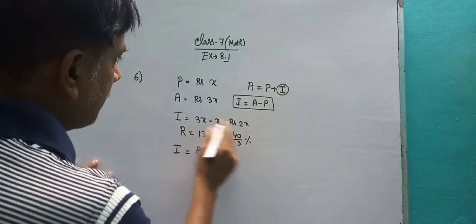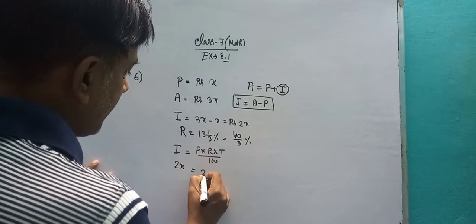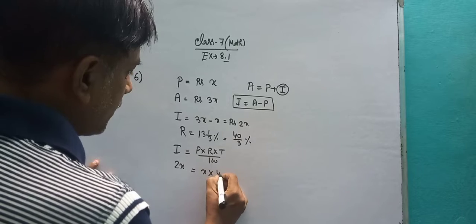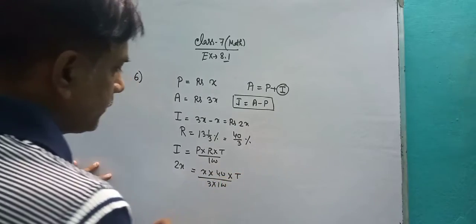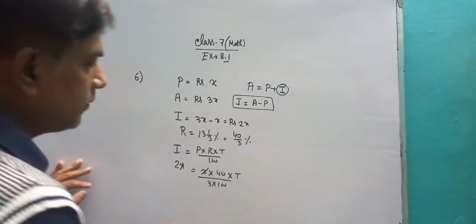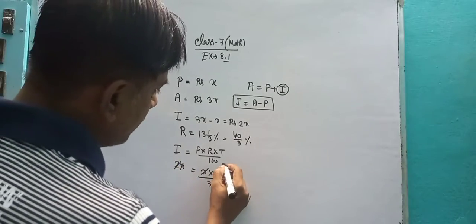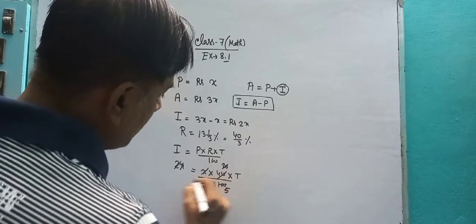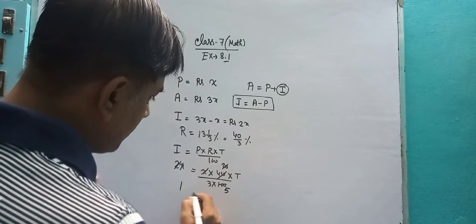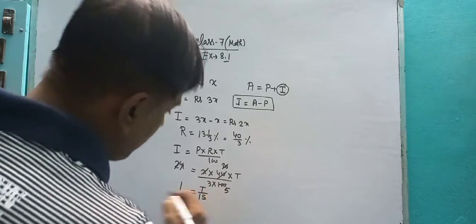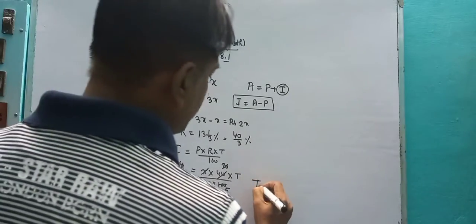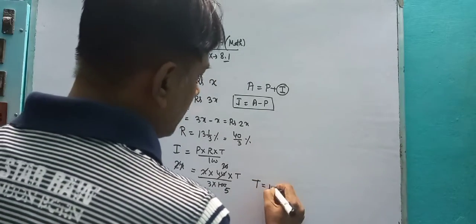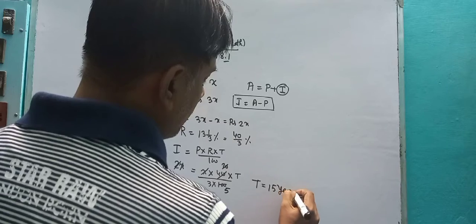The I value is 2x, x into 40 by 3 into T by 100. The x is cancelled. So 2 times 20... we are able to write 1 by T by 15. So the answer, T, will be 15 into 1, 15 years.